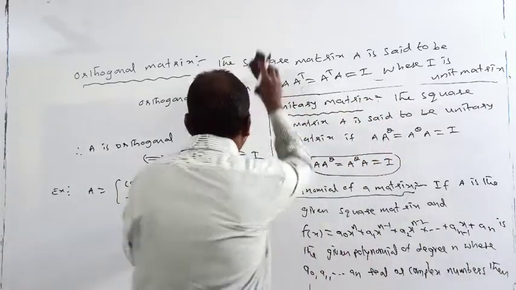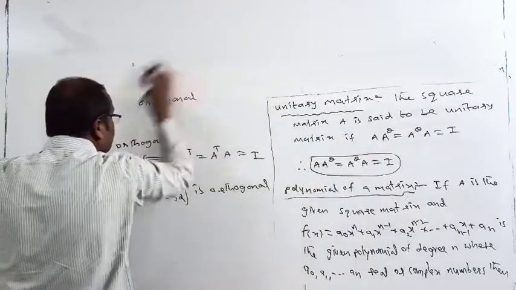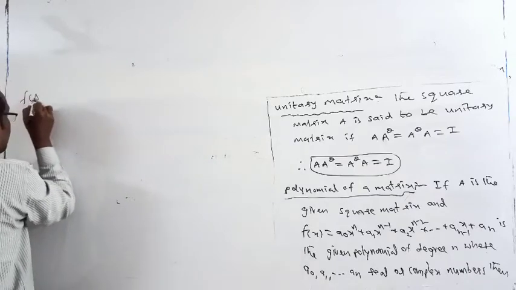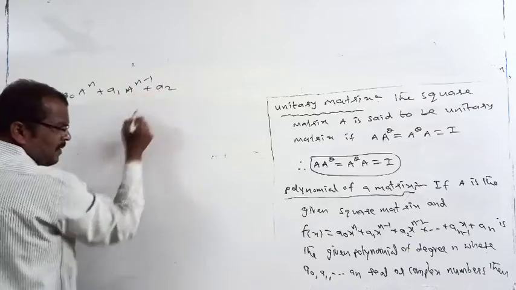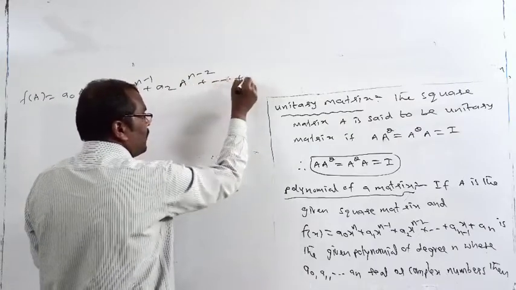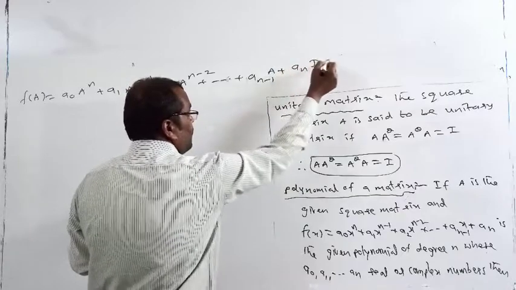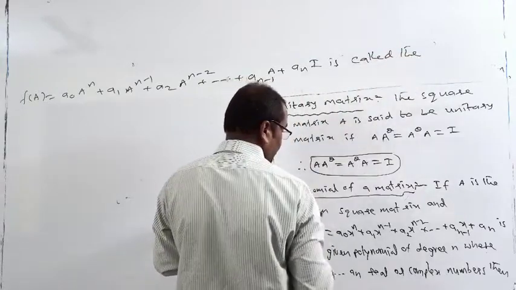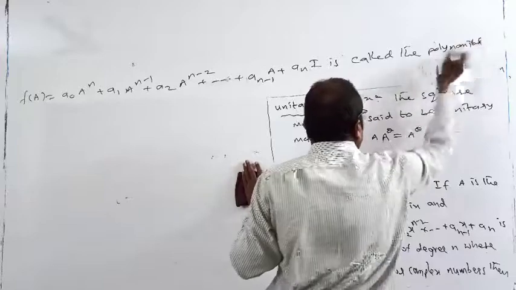I will give the example for it. Then f of A equal to a0 into A power n plus a1 into A power n minus 1, and so on, plus a(n minus 1) into A plus an into I is called the polynomial of a matrix.